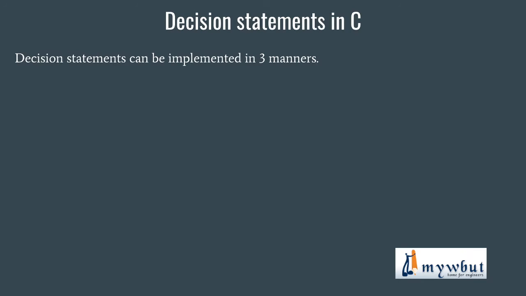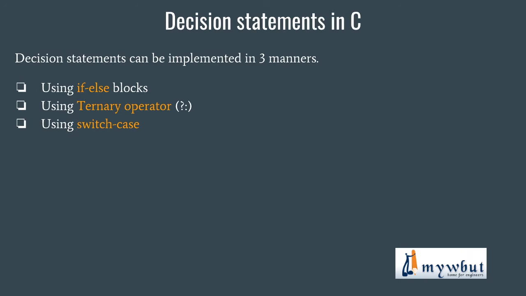Now C has three ways in which decision statements can be implemented. The first one is if-else blocks, the second one is the ternary operator, and the third one is the switch case. Every method has its own advantages and disadvantages, but most of the time you will see if-else or switch case getting used.